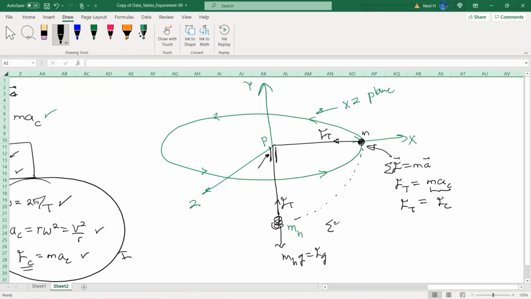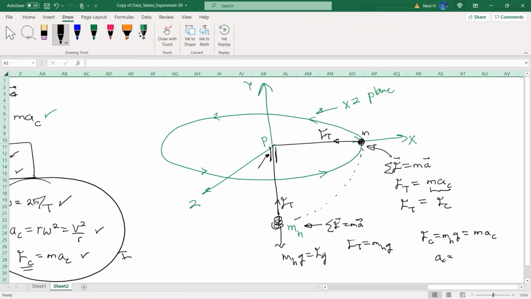Then if you apply the sum of all the forces equals mass times acceleration to this object, I will get F_T, which is equal to m_h times the gravity. Now, technically F_T is equal to the centripetal force. Centripetal force we can find by using m_h times the gravity, and also we can find it by using mass times the centripetal acceleration.